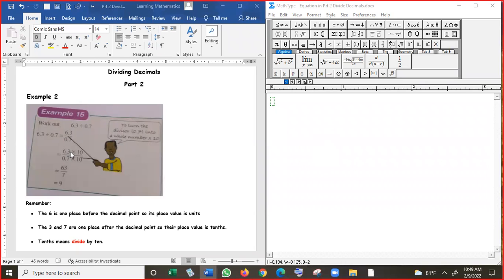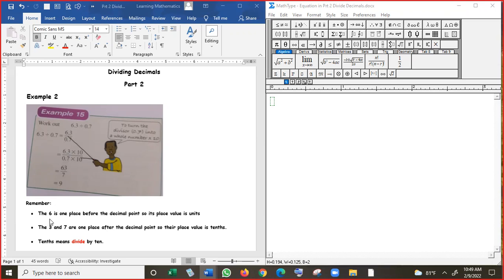Bear in mind the times 10 is because of the 0.7, because 7 is in the tenths place. To convert 0.7 to a whole number, you have to multiply by just 10. And what you do to the denominator, you have to do to the numerator. And then you divide 63 by 7 to give us 9.